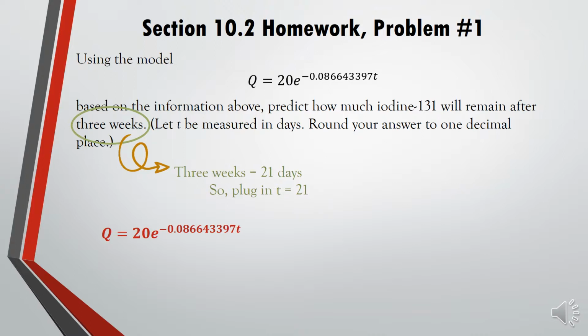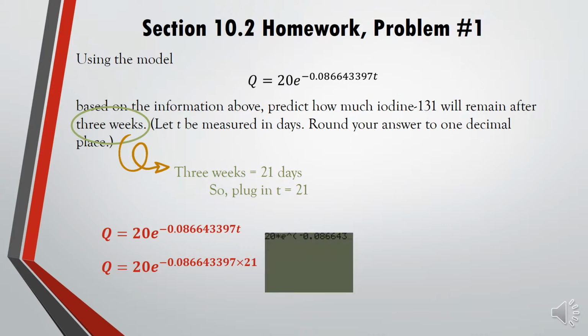And just notice here that I have adjusted my model so that my decay constant is correct based on what the homework wants. So I'm going to plug in t equals 21. That would look like 20 times e raised to the negative 0.086643397 times 21.